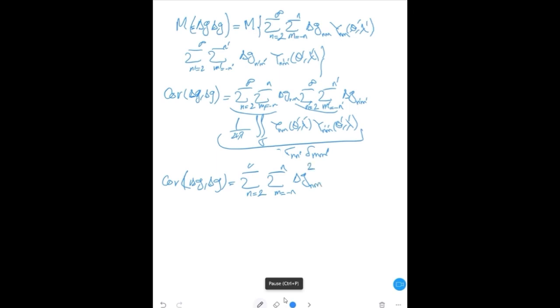As you see, summation over n, summation over m, squared gravity anomaly of degree n and order m. This is the variance of the gravity anomaly over the sphere.